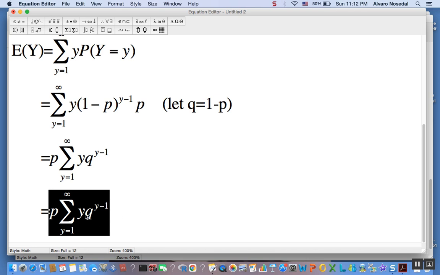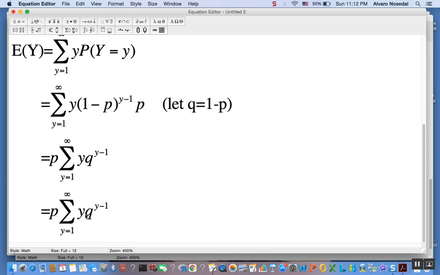You agree that this is the same as the derivative with respect to q of the function q to the y?